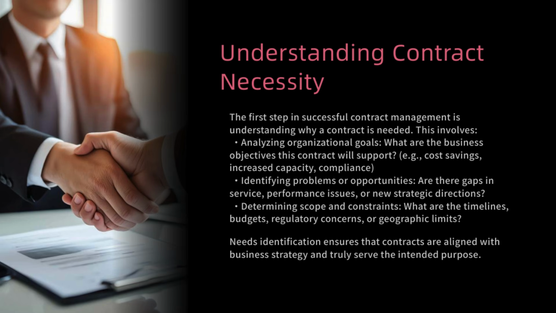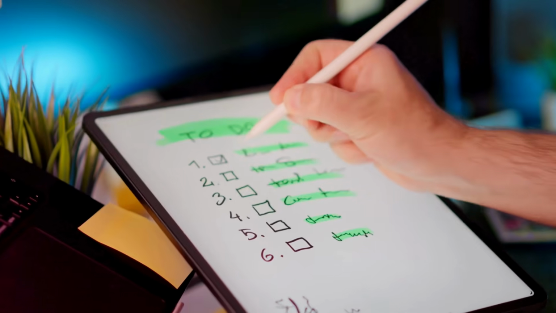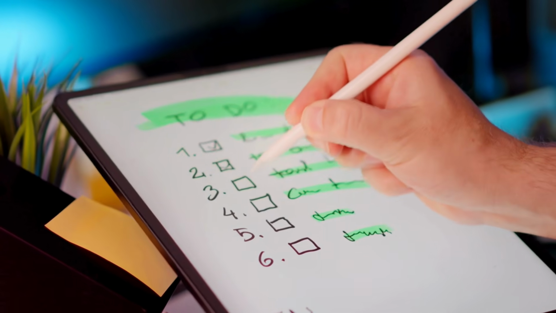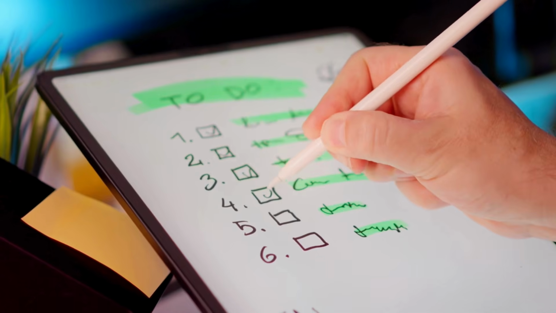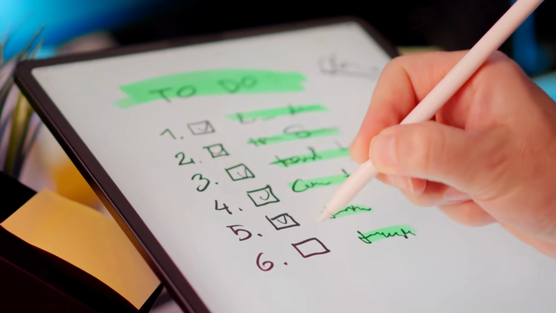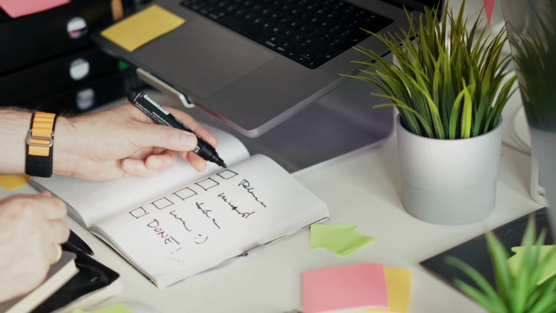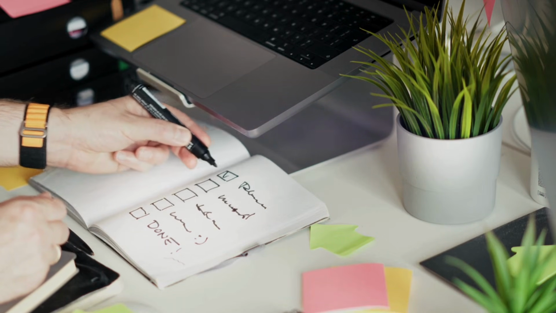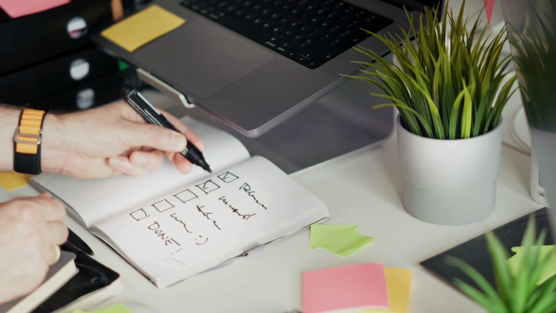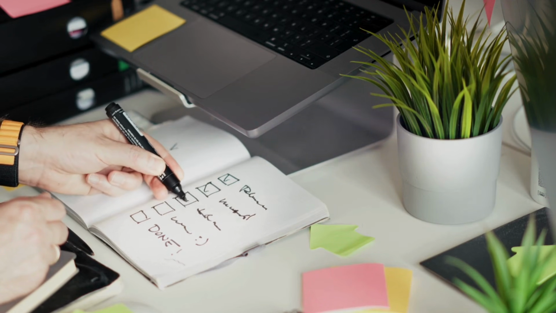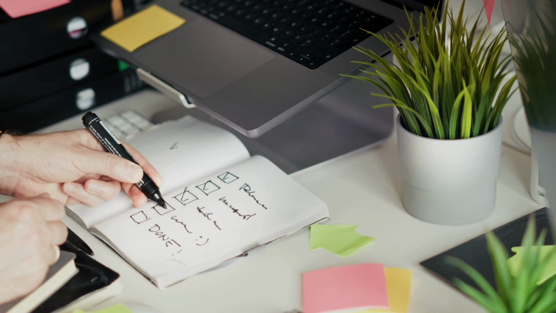So it is essential to understand the organizational goals behind it. A contract is not just a legal document. It is a tool that helps an organization to achieve specific business objectives. So this means you must first ask what the organization is trying to accomplish.